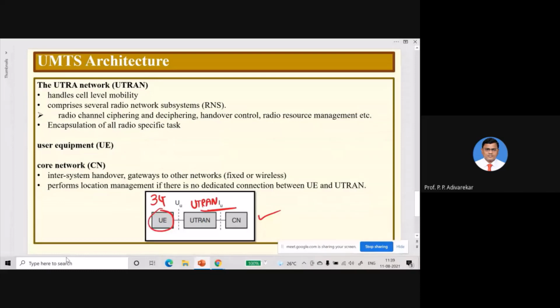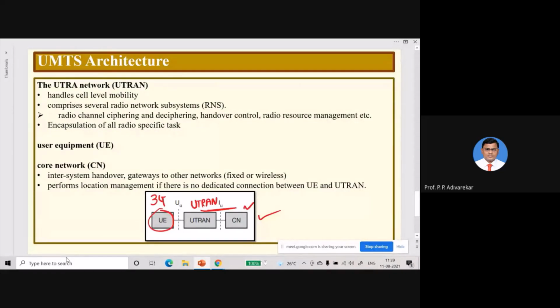And here the UE is interfaced with the Uu interface, and this is interfaced with the Iu interface. The core network is the third component which is present here, which will enable communication between the new component and the existing component.